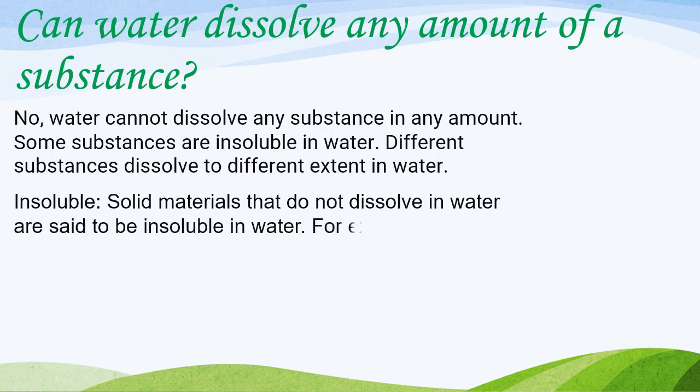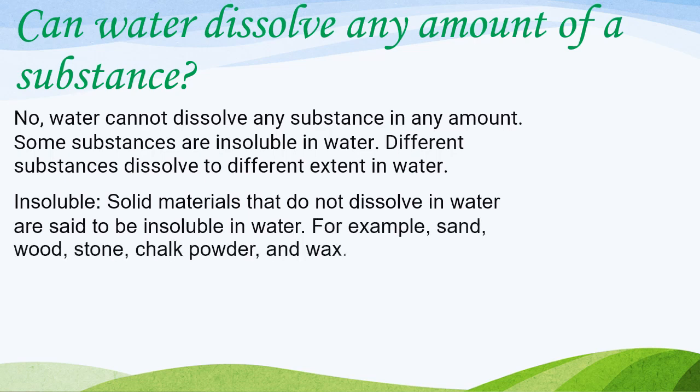Now see what are insoluble and soluble substances. Solid materials that do not dissolve in water are said to be insoluble in water. For example, sand, wood, stone, chalk powder and wax. So what is insoluble? Insoluble is that which cannot mix with water, which cannot dissolve in water.